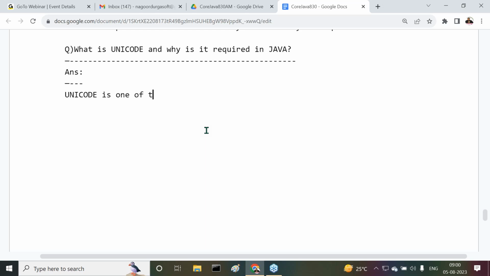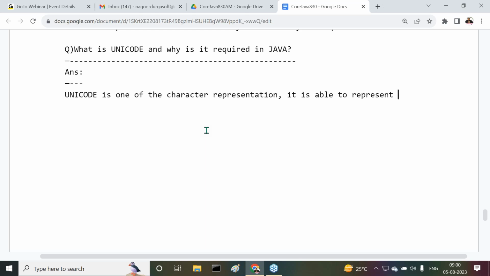Unicode is one of the character representations. In other words, we may say it is a character encoding mechanism. Both are the same.